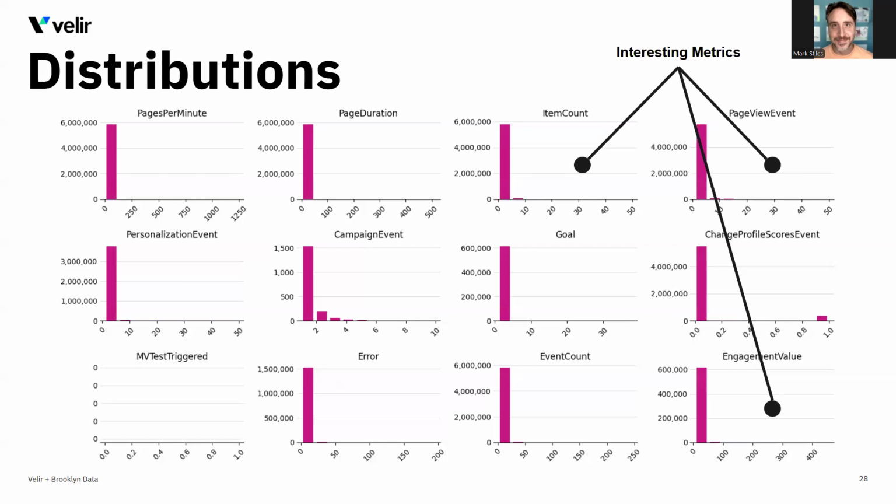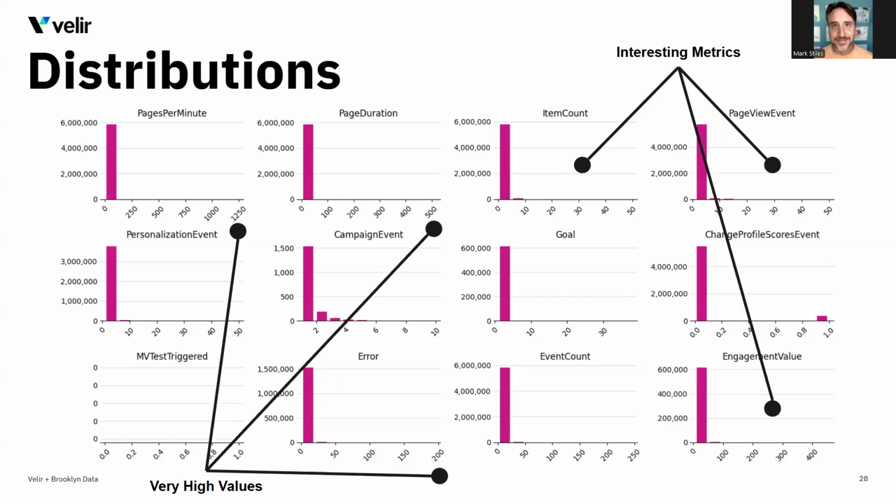Where those 2 diverge, you'll start to see that people were rereading things, because the item count didn't go up but the page views did, which means they came back and started to read it again. The engagement value is the target value, the one we want to make sure goes up. We want to maximize that value, so we're going to keep an eye on that one. The other thing you want to notice is where these very high values start to come out where they probably shouldn't.